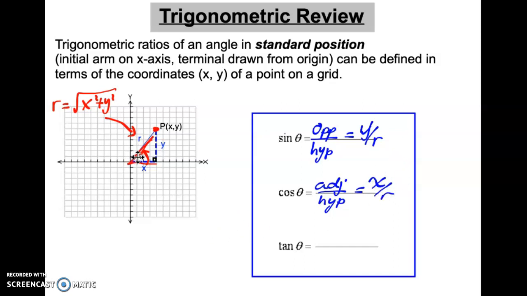And last but not least, tan is going to be opposite over adjacent, it's our TOA, and that would be y over x. So if we have a point to represent our angle, then we can find the three primary trig ratios, sine, cos, and tan.